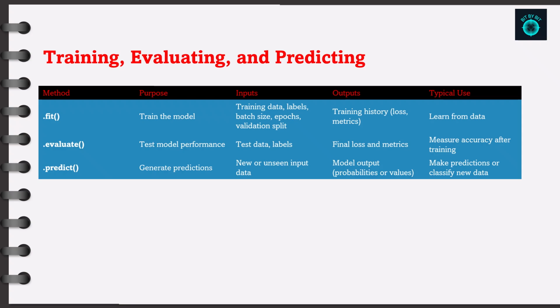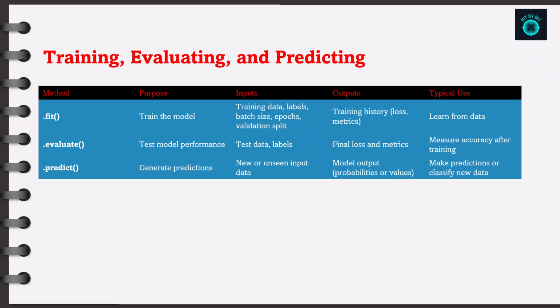After training, you use evaluate to measure how well your model performs on new or unseen data. This is typically done with the test set. Evaluate runs through the data once without changing the model's weights and reports the final loss and accuracy or other metrics. Finally, you use predict to generate results from new inputs.